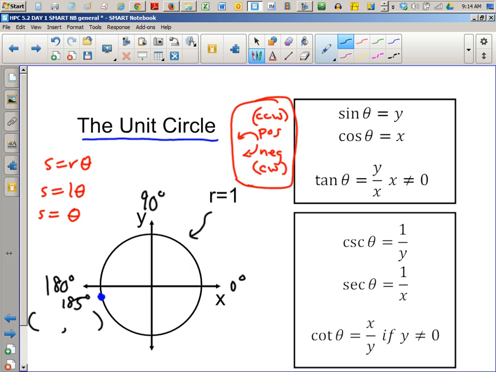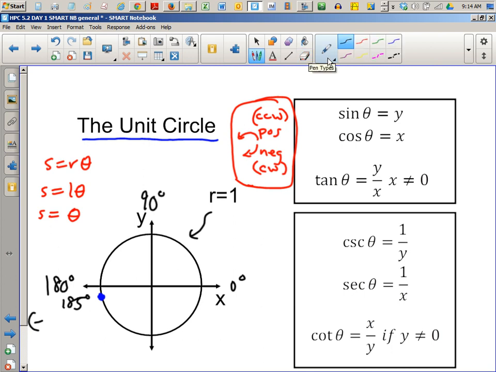Okay, somebody have the answer? So what did you get for x? Somebody, you can just shout it out. Negative what? 0.087? No, that doesn't sound right. Make sure your calculator is in the degrees mode. What is cosine of 185? Negative 0.996.